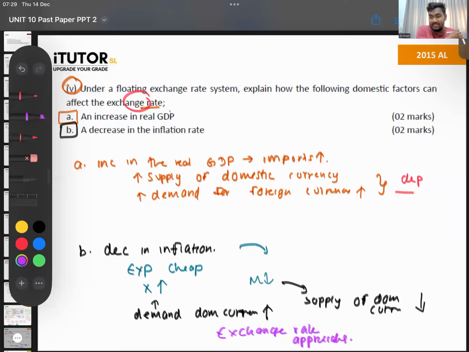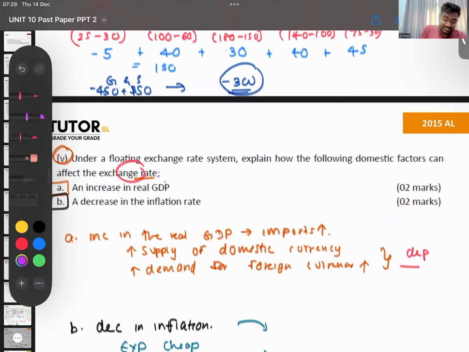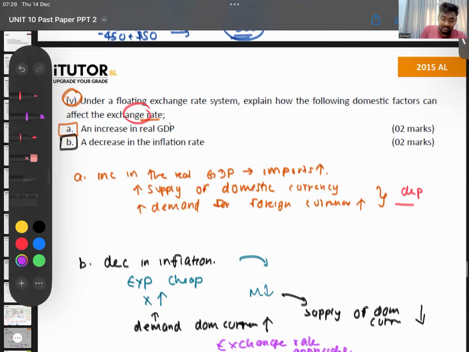Does an increase in real GDP mean that domestic producers tend to export more? No, that's not how you think. I guess this is the MCQ also. Remember we've talked about when the real GDP increases, we say imports increase. Remember our imports are, let's say, 100 plus 0.2Y. In our syllabus, we say imports are autonomous, but in reality, imports are income induced.